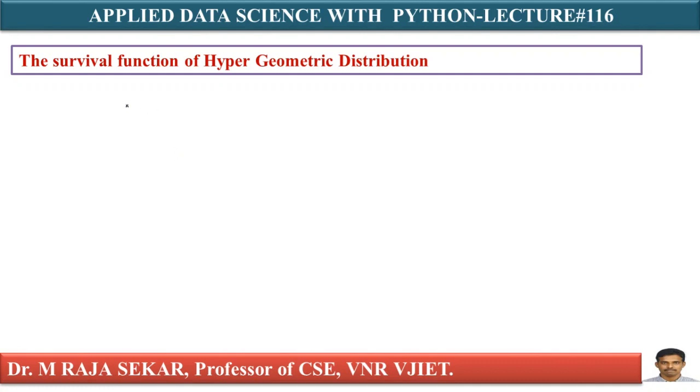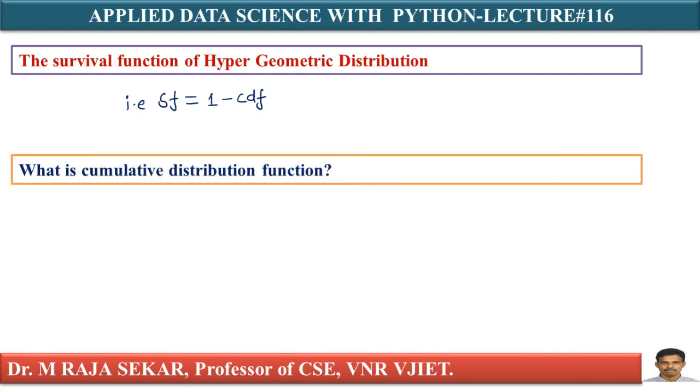What does it mean? That is, survival function SF equals 1 minus CDF. What is my CDF? CDF is the cumulative distribution function.